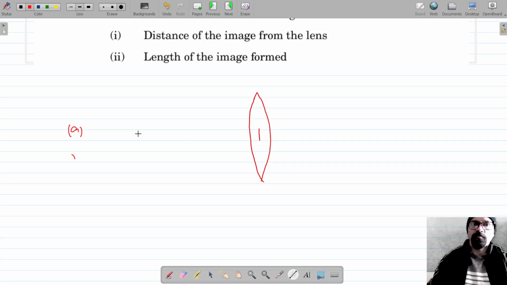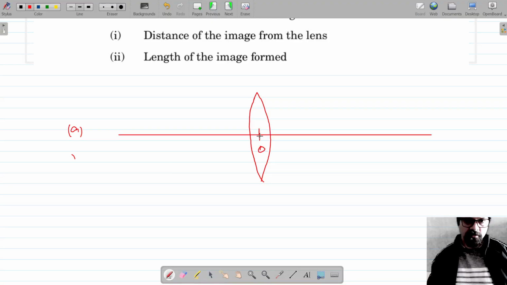Okay, this is the principal axis and the optical center is denoted by O. So this is O, this is the convex lens, and this is the first principal focus.